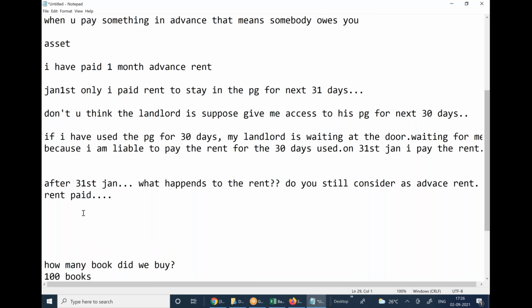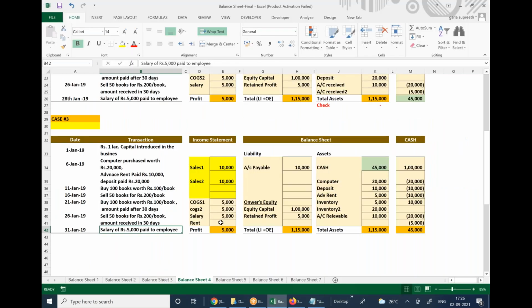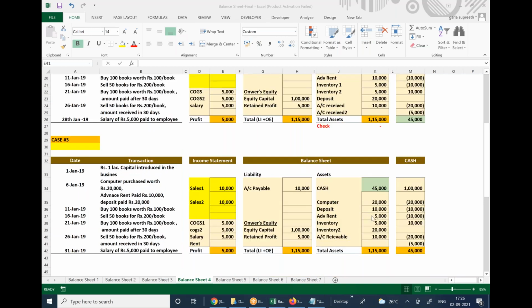So when you say rent paid, it comes under expense, which is in the income statement. Okay, so what happens here? Your rent will be how much? 10,000.